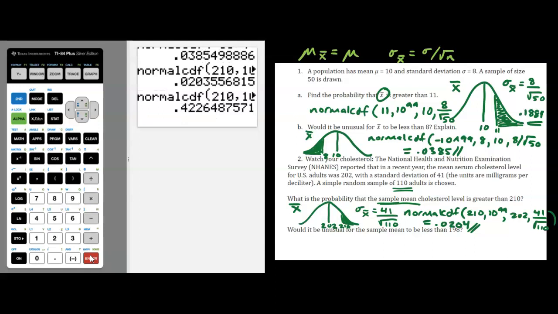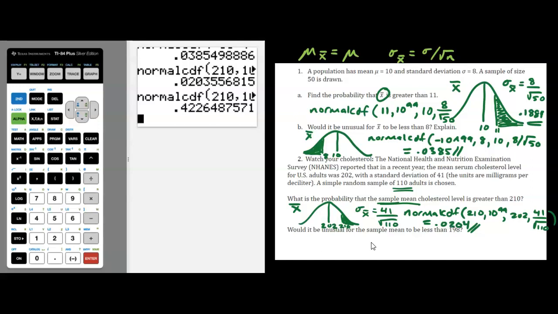So basically there's over a 42% chance that an individual in a population of normally distributed cholesterol levels would have a cholesterol level greater than 210. But only a 2% chance, as we saw here, that 110 people altogether are going to average a cholesterol level greater than 210. So like I said, it speaks to the power in numbers.